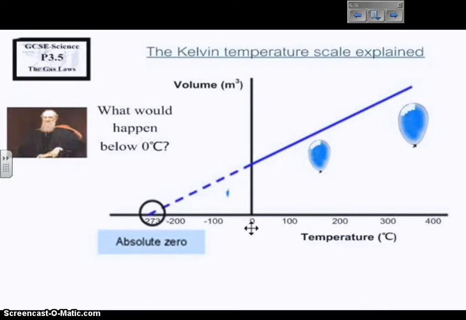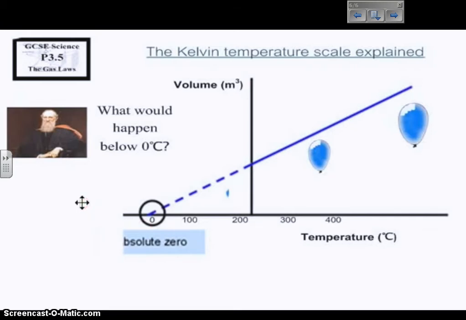So they got 0 on the Celsius scale, and they did what any person in school would do when their graph looked a bit wrong. They wait till the teacher's not looking, and they just go, let's just drop everything 273 to the left, that will fix that. Here we go, fixed. And we just cover that bit there.